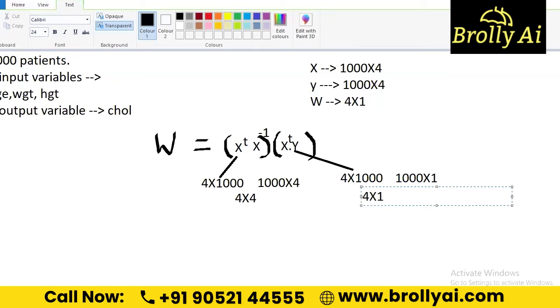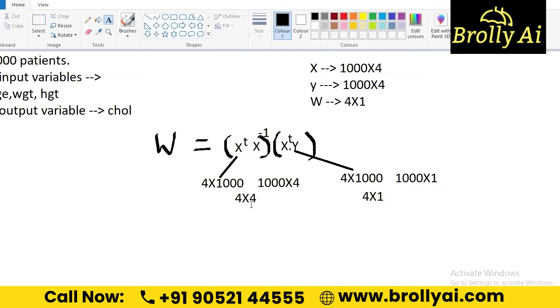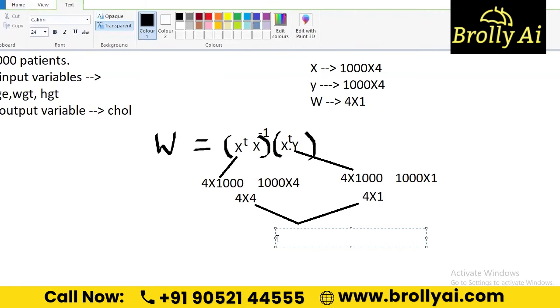Left side expression 4 by 4, right side expression 4 by 1. Again, number of columns and number of rows match. The final result will be 4 by 1. Got it? So here also it is 4 by 1. So by using this formula, you can find out the relationship between input variables and output variables.